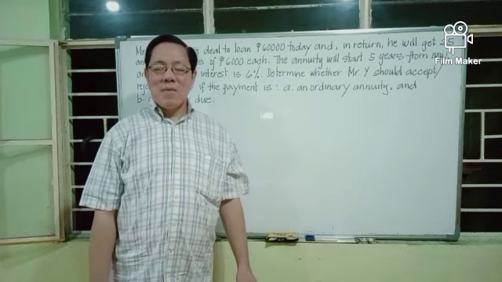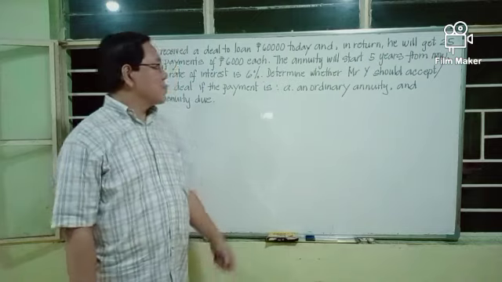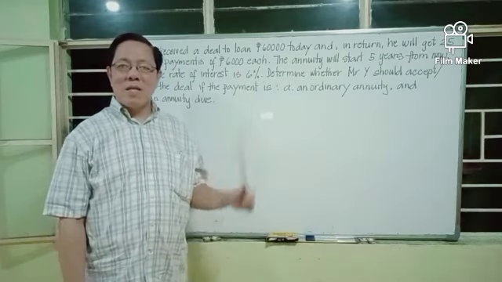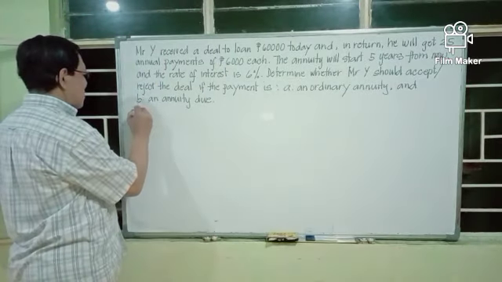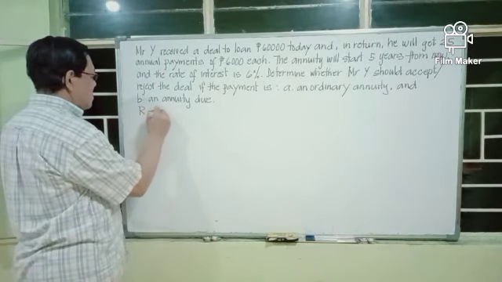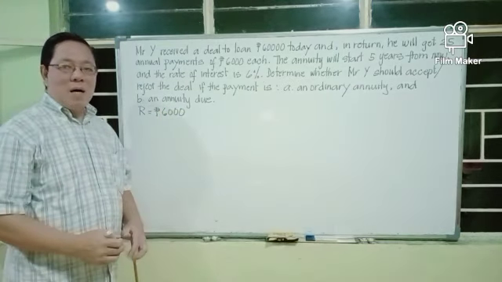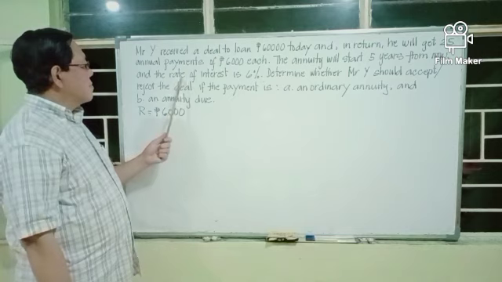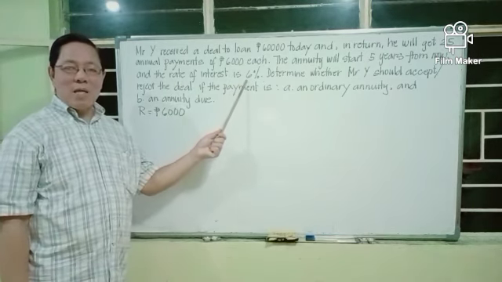We now write the given information. The regular payment amounts to 6,000 pesos and is denoted by capital R. The interest rate is given 6%, so we take this as the annual interest rate.